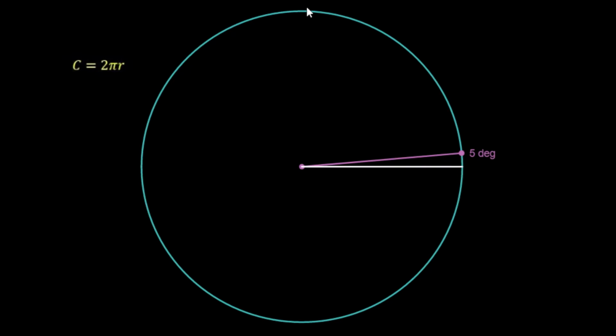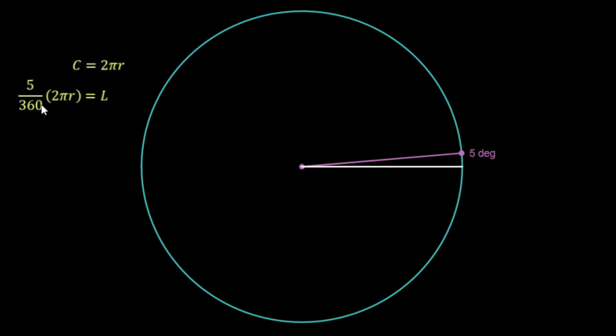So we know how to work out the circumference, but in this example we're not going all the way round the circumference, we're only going round 5 degrees. That is, we're going 5 360ths of the way round. So if we take 5 divided by 360, that will give us the ratio of the distance round the circle.